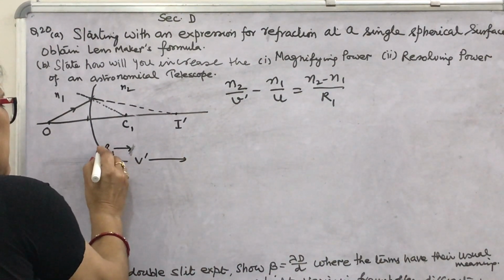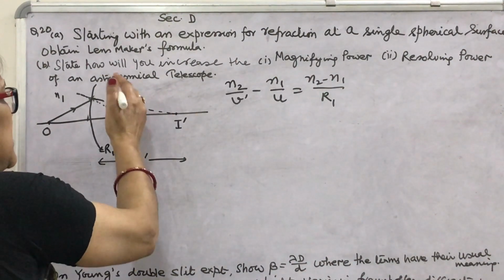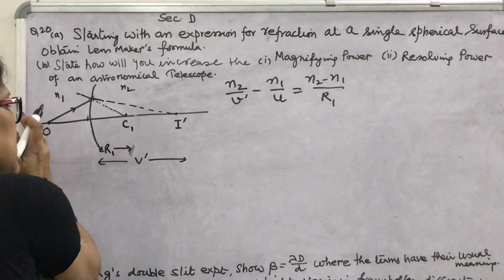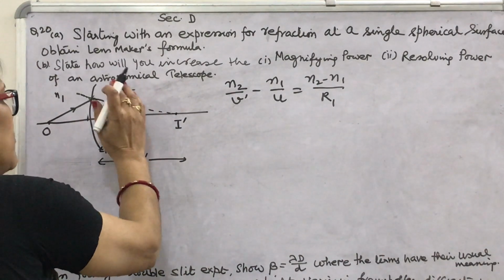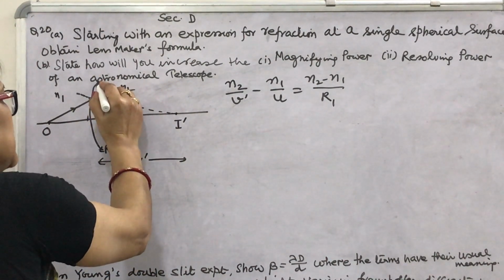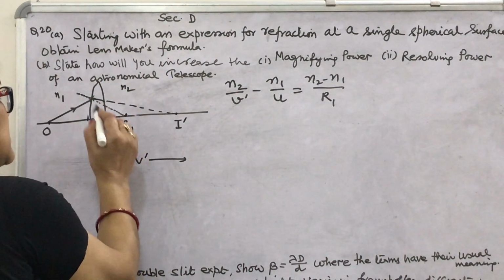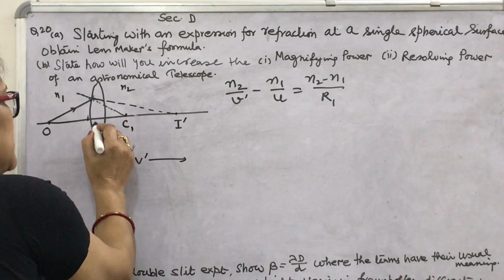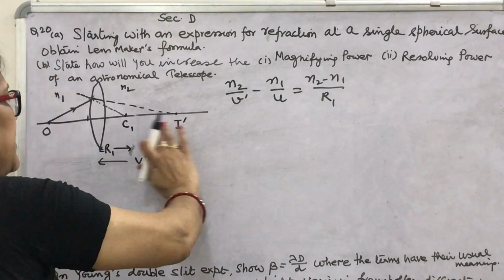Now look, if you join another surface, then this side will be glass and here will be air. The lens is made by joining the second surface. Here now this will be N2 and in this case it will be N1.